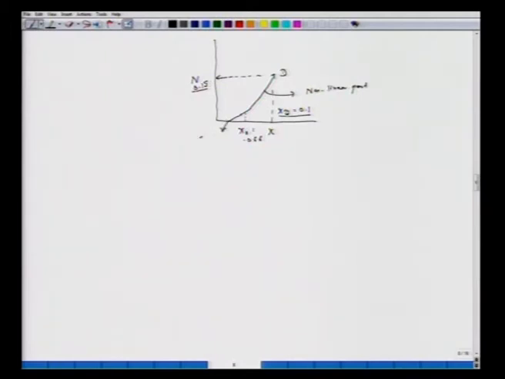Equilibrium concentration, that means the rate becomes 0, Xe is 0.05. So the question asked is Xd to X2, how long will it take? What is the time here?